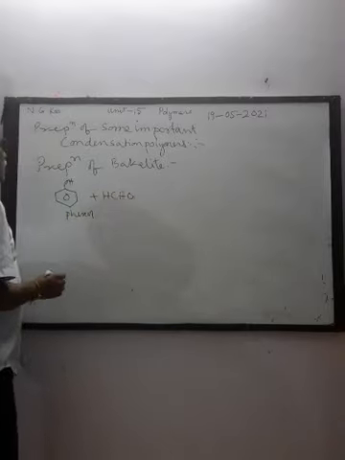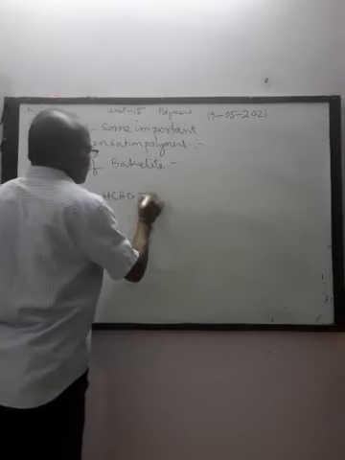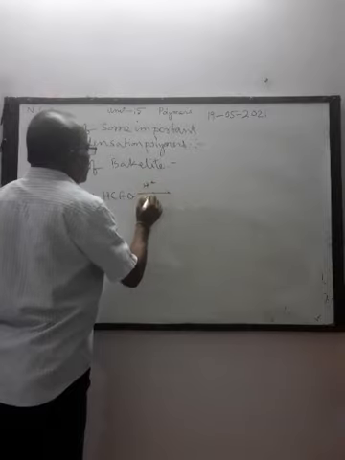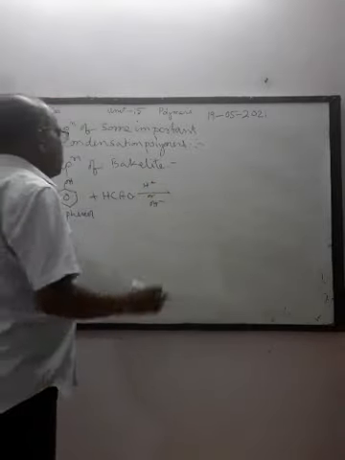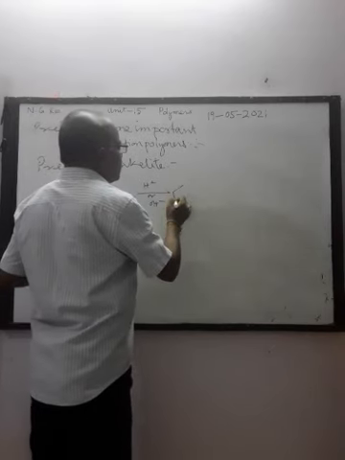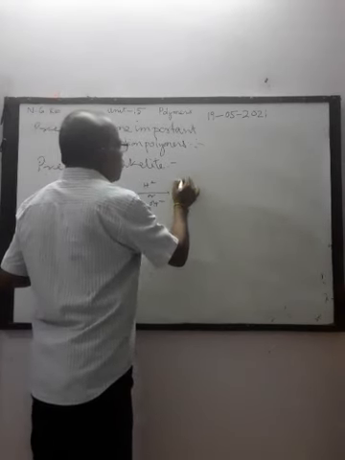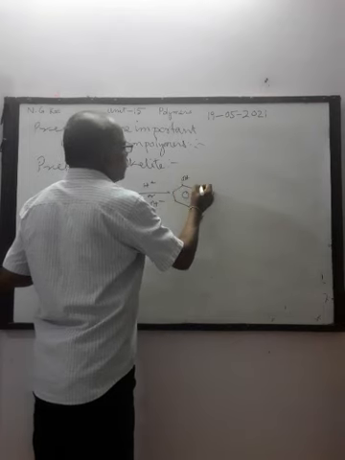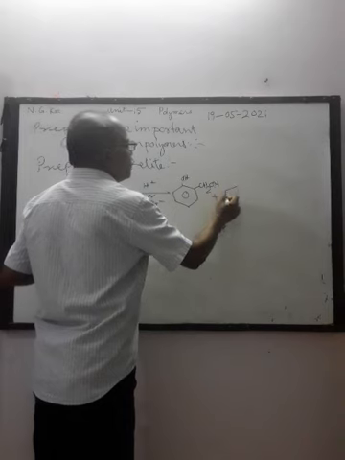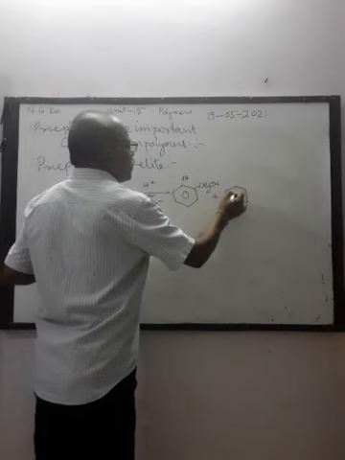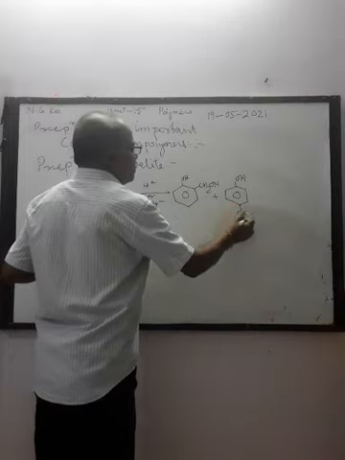First of all, phenol reacts with formaldehyde either in the presence of acid or base to form a compound which is called orthohydroxybenzyl alcohol and also parahydroxybenzyl alcohol.